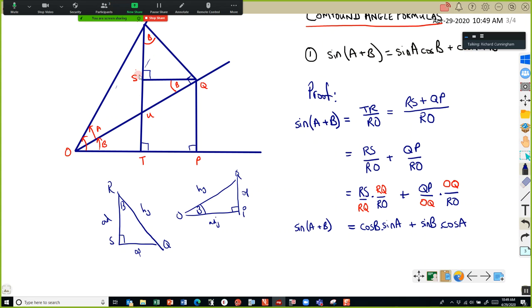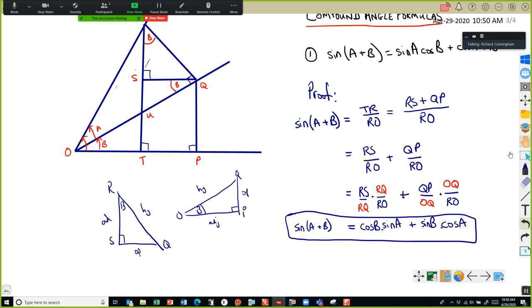Okay, they would more than likely have a diagram like this and then guide you through it. Okay, but it will obviously be easier if you have seen this. Okay, it'll help with kind of the understanding. Now there are others. So this is the first one. And like I said, it's given to you in your formula booklet.